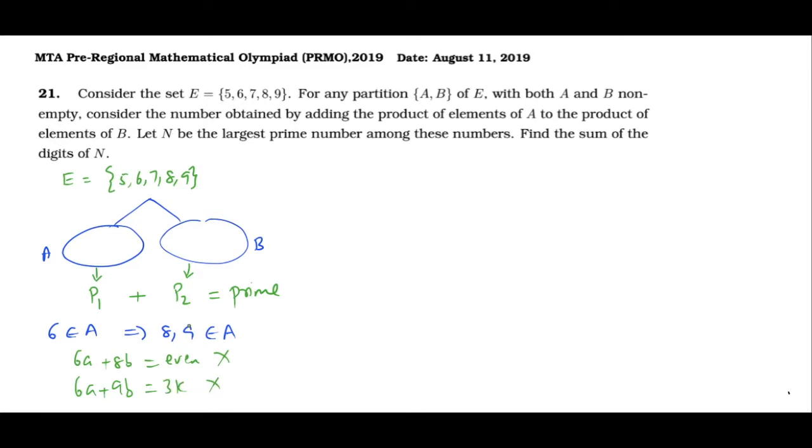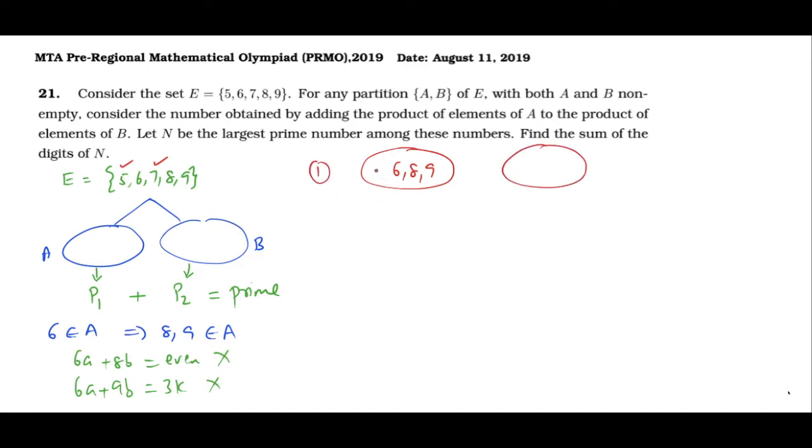So 8 and 9 should be in the same subset in which 6 is contained. Therefore, in one subset we have 6, 8, 9. The remaining two numbers 5 and 7 are prime. We have three cases in which we can distribute 5 and 7.